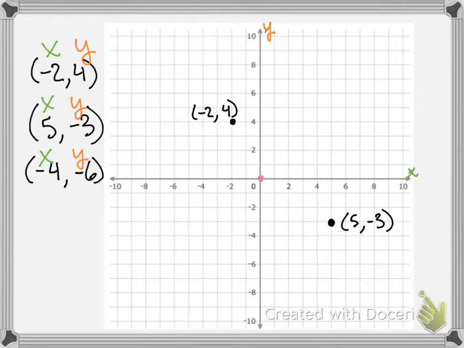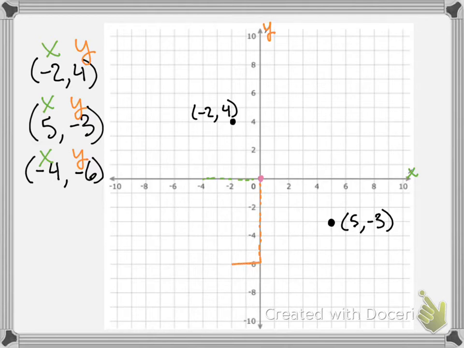If x is -4, I'm going to start at the origin and I'm going to move down the origin until I get to -4, which is right there. And then I need to find where y is -6. So I start at the origin in the middle and I go down until I get to where y is -6. And here I go. So now I'm going to draw my guidelines.